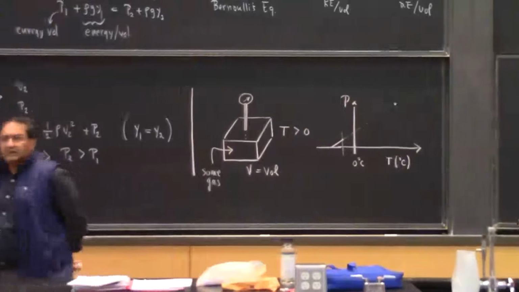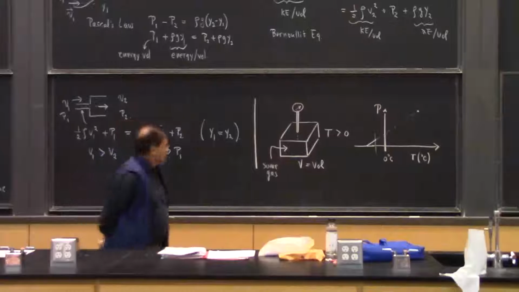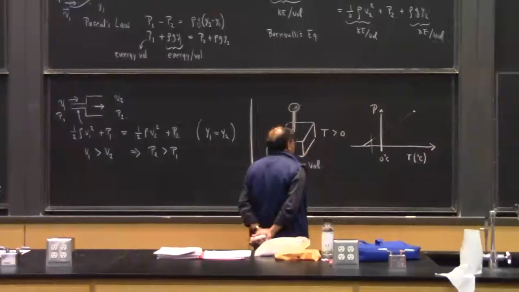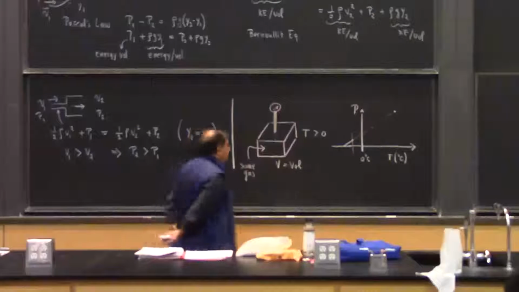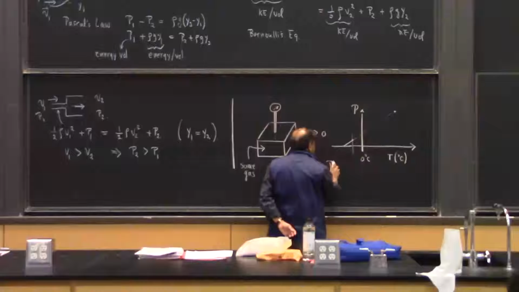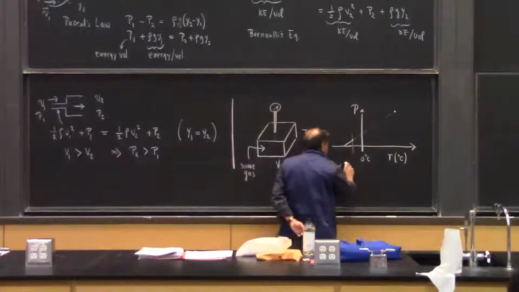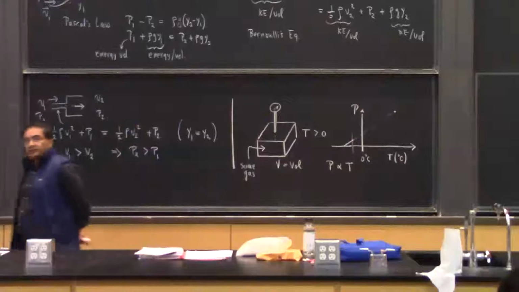That's a remarkable result because almost all the elements that we know, other than helium and to some degree hydrogen, but in this case helium is a better candidate, although hydrogen is lighter, for all of them, the pressure seems to vary linearly with temperature. So as you lower the temperature, the pressure goes down.